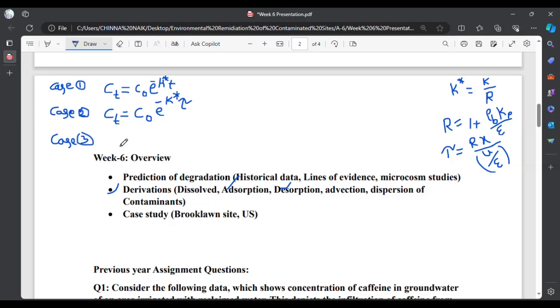For case 3, we derived the formula by considering the adsorption, desorption, advection and dispersion of contaminants as well.